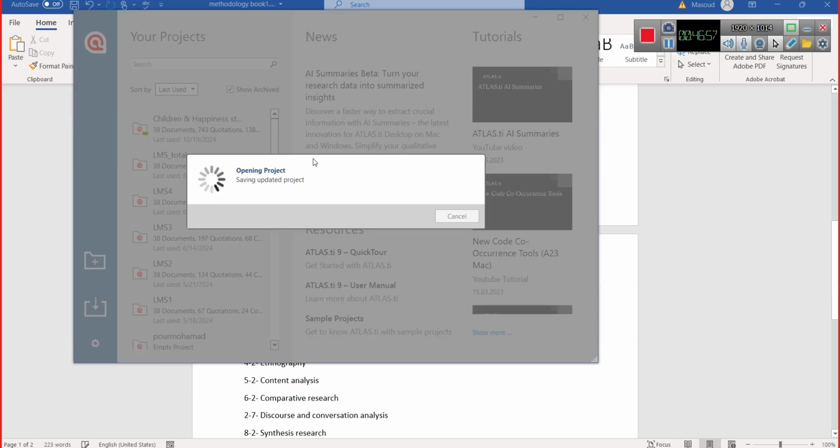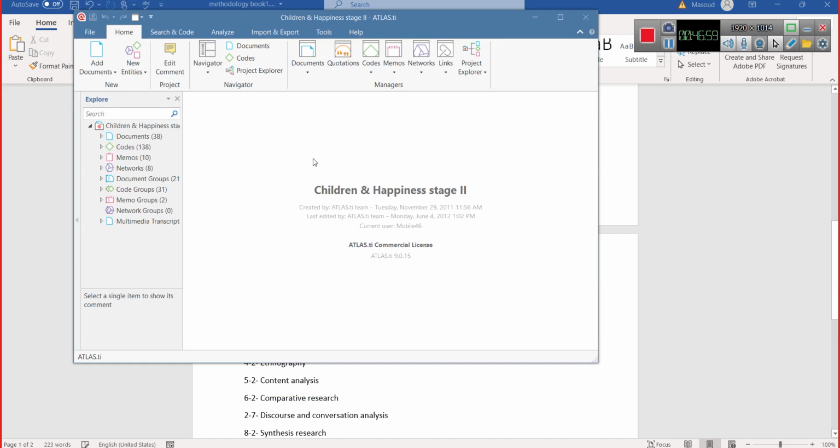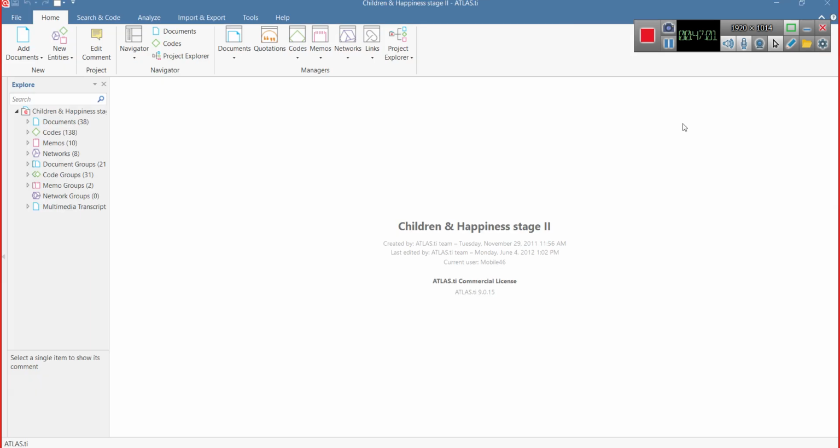But in the qualitative research methods, the basic analysis is actually done through your mind and your judgment. So this kind of software helps you to analyze variables in ways that your mind can do.